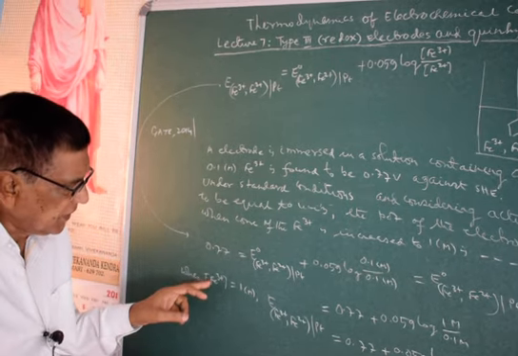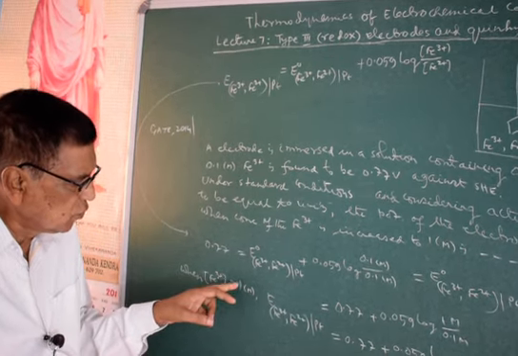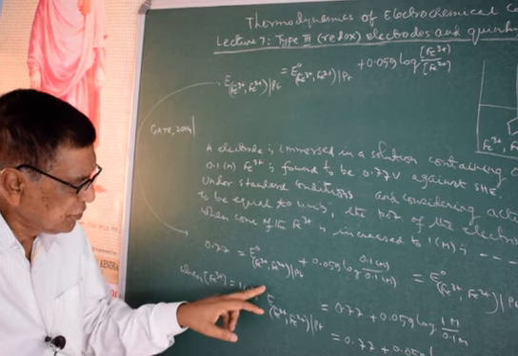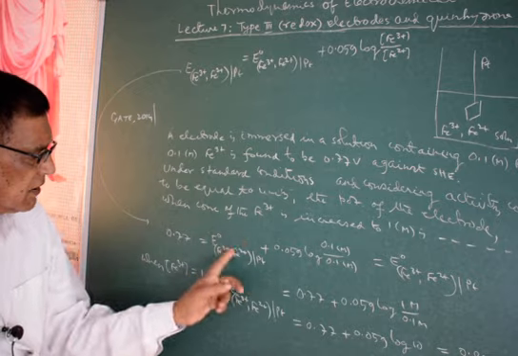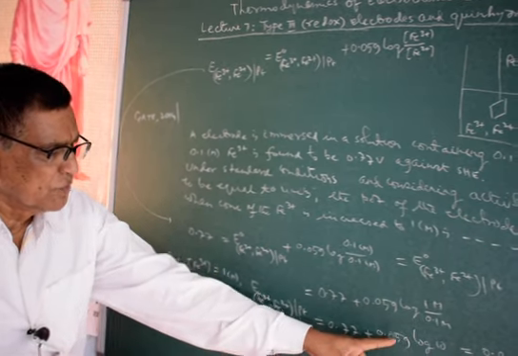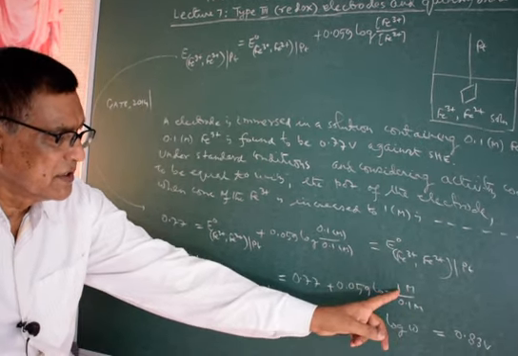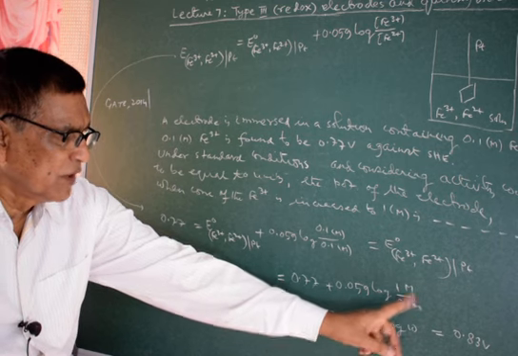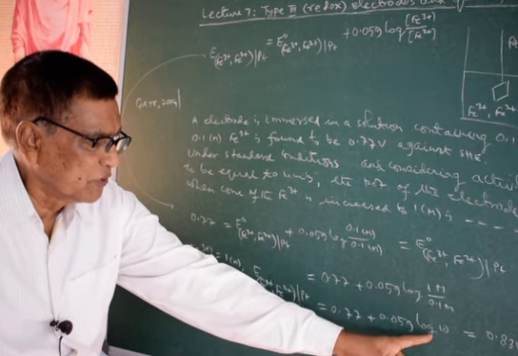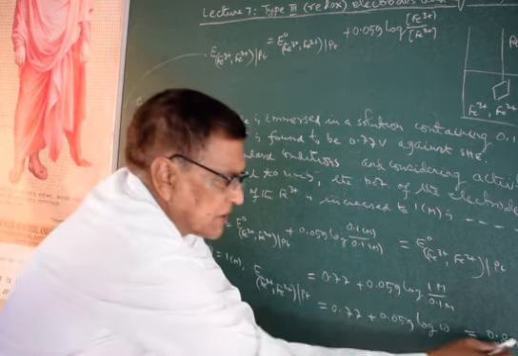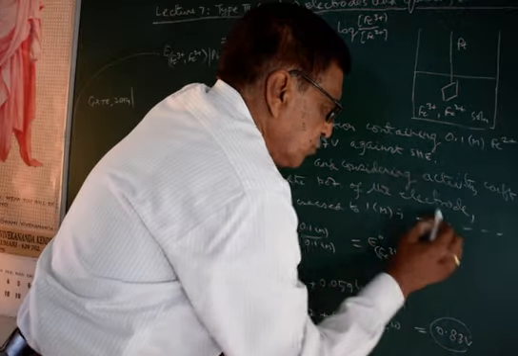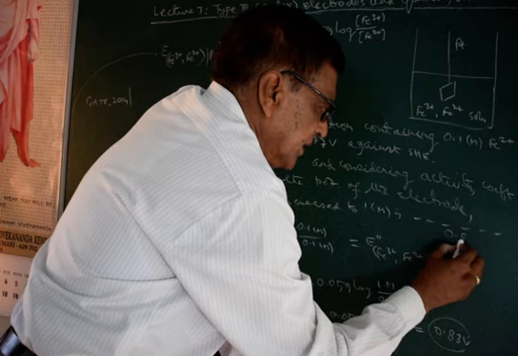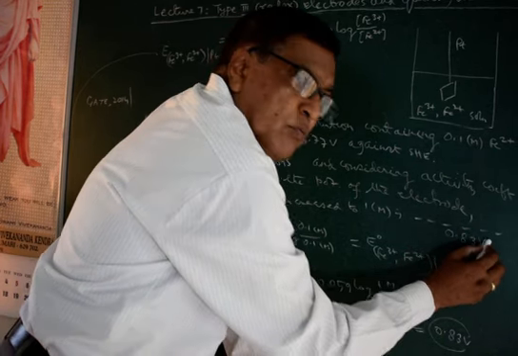When the ferric ion is increased to 1 molar, the potential of this electrode equals the standard value, 0.77, plus 0.059 log of 1 over 0.1, which is log 10 equal to 1. So the potential will be 0.83 volt.